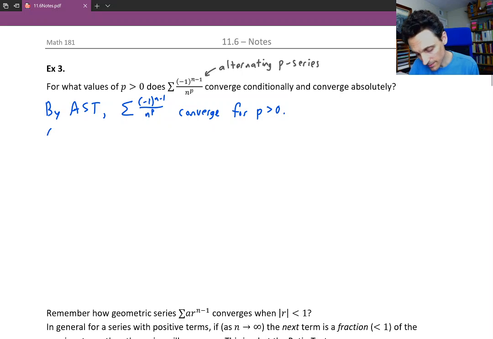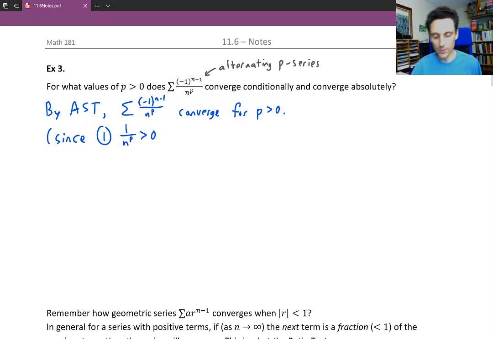And the reason is it satisfies the three conditions. One, the b sub n's are positive. This is 1 over n to the p, the b sub n's. Remember, the b sub n's in the alternating series test are referring to the positive part. If you strip away the alternating part, which is the -1 to the n minus 1, or set it aside at least, the rest of it is the 1 over n to the p, and those are positive.